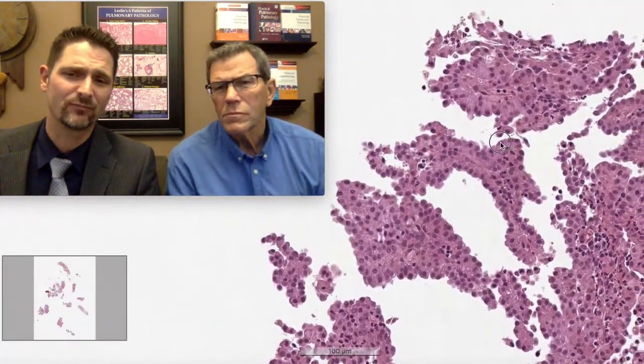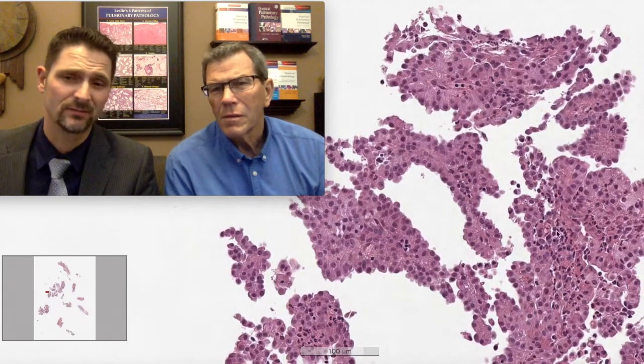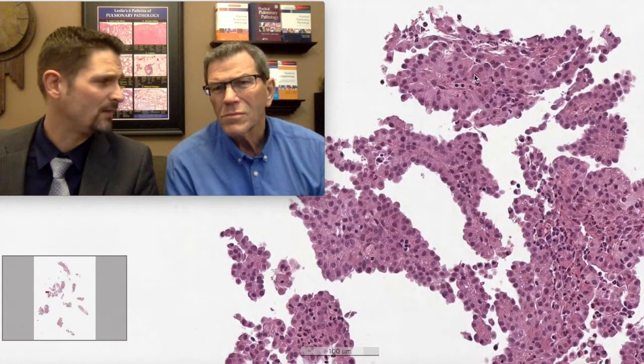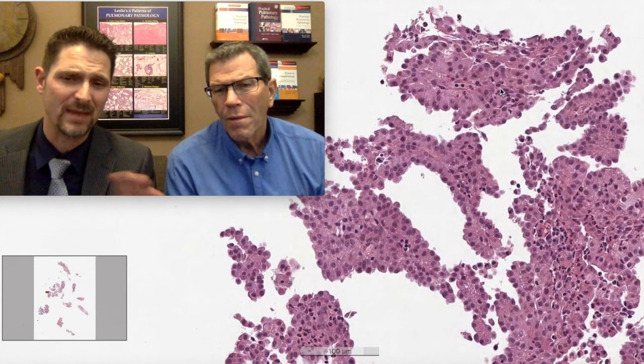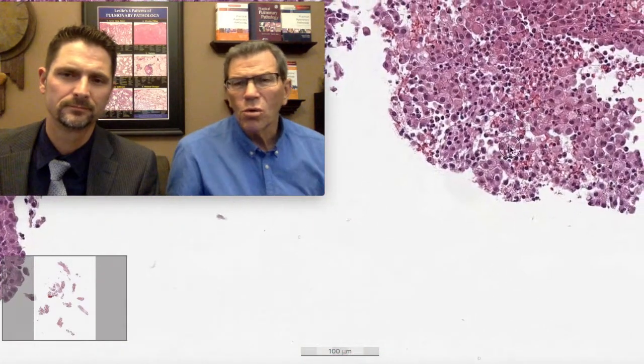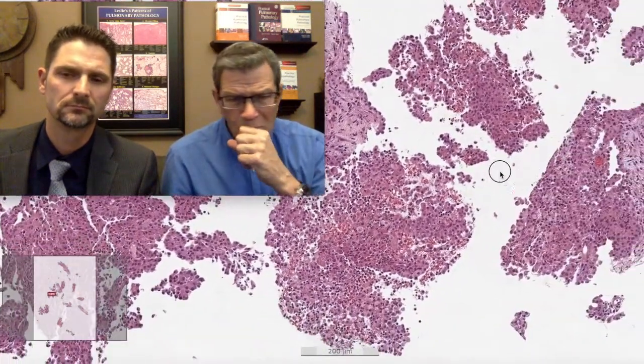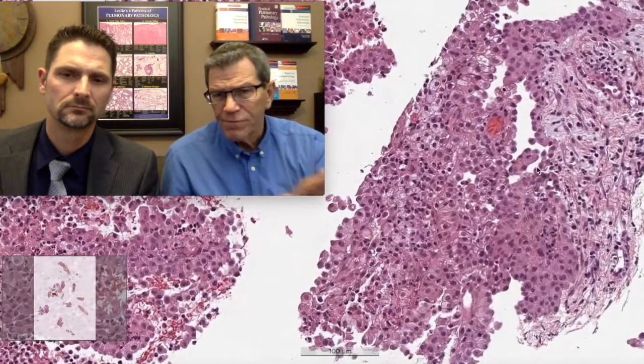Now, I would say that from an architectural perspective, this is getting to be pretty complex in the way this papillary structure is branching. Redundant papillary growth. Interesting. So reasonably bland for a cellular process. Some fibrovascular core suggesting a vague papillary growth pattern.